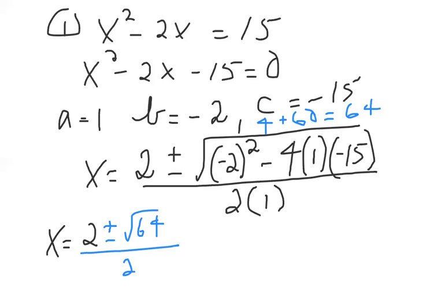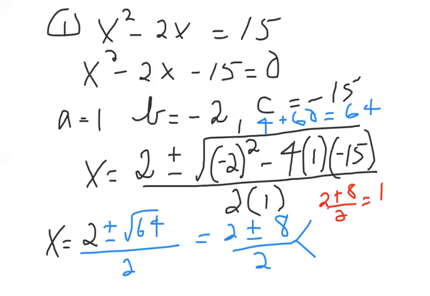Now, take the square root of 64 since it's a perfect square, so that gives you 8. Now guys, what do you notice? We have a compound equation, so let's solve it out. We're going to end up with 2 solutions. One of them will be the sum: 2 plus 8 divided by 2, which gives you 10 divided by 2, and that is 5.